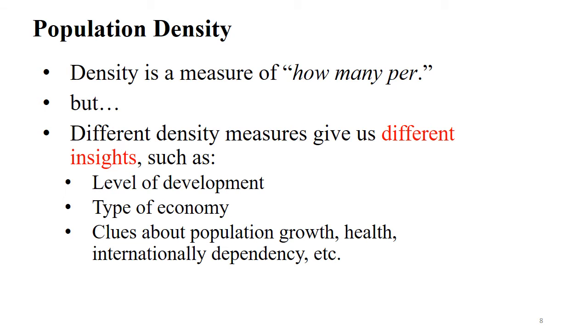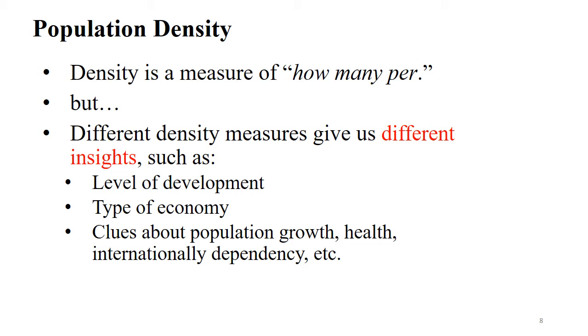The last part of this lecture is going to examine a couple different kinds of population density, right? Particular kinds of density that help us to answer certain questions about a population in a given area. By using more specific measures of density, we can gain different insights about a country, for example, right?